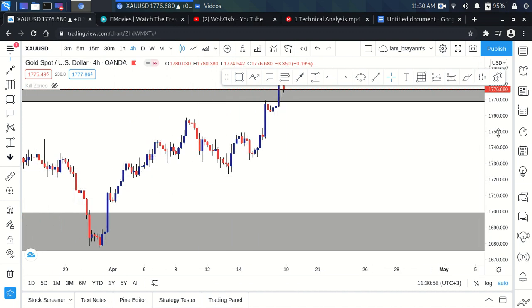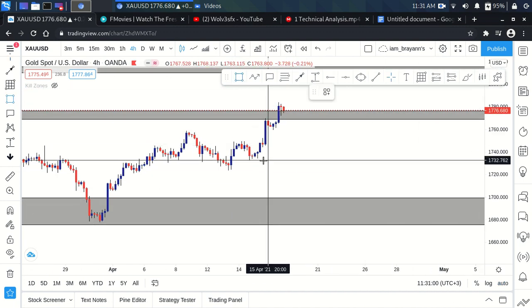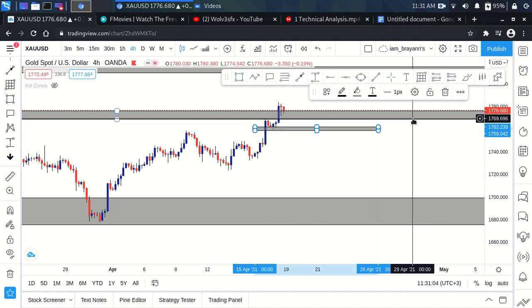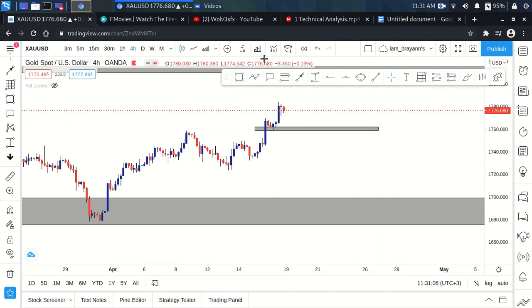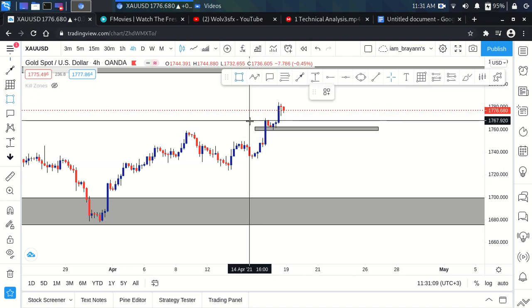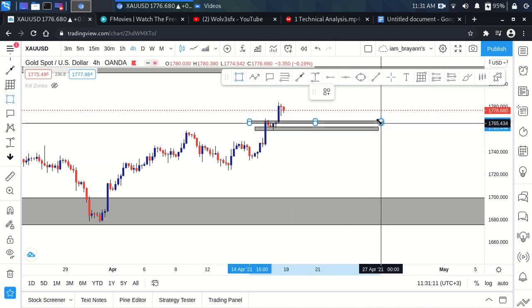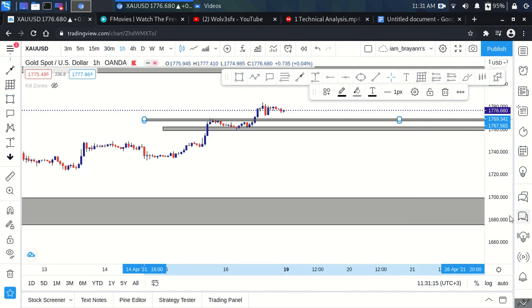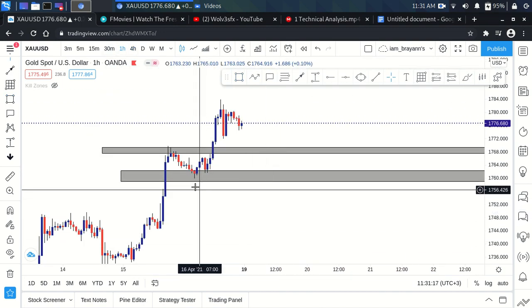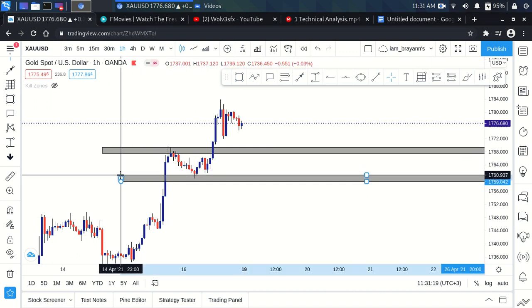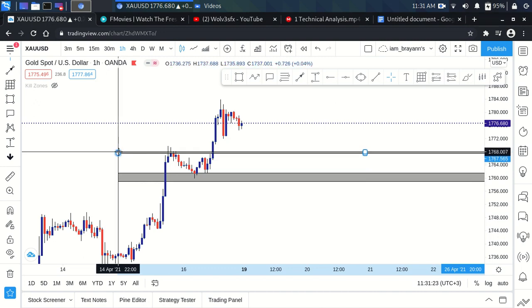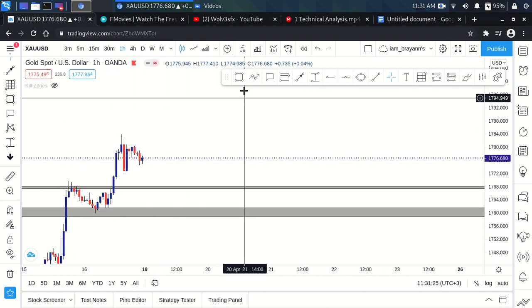Okay, making them clearer and clearer as we narrow down to the smaller time frames. So we have that. So I will analyze my chart that way until I get to the hourly time frame or the 30-minute. For this case, let's stop right here on the hourly time frame.